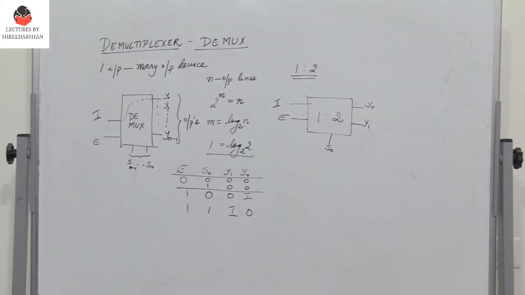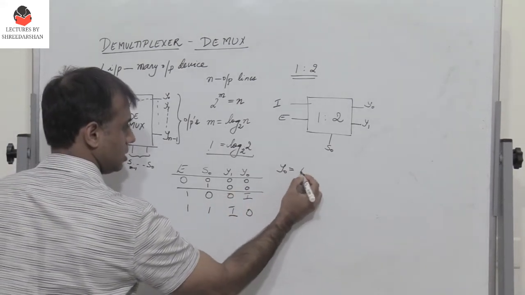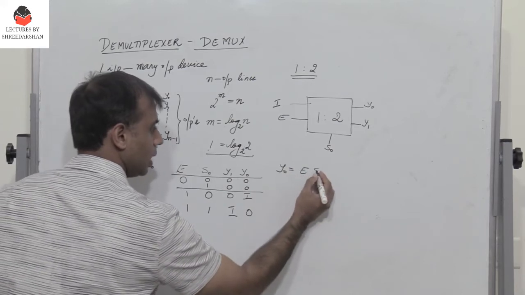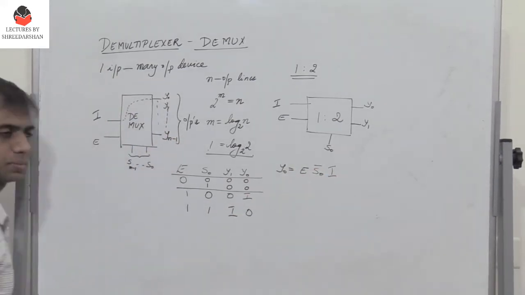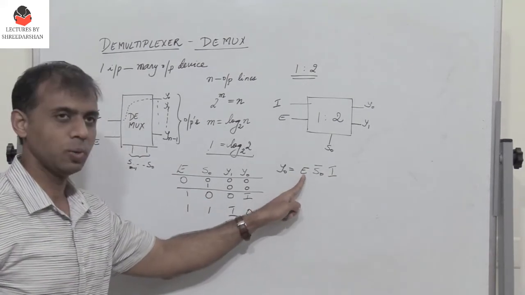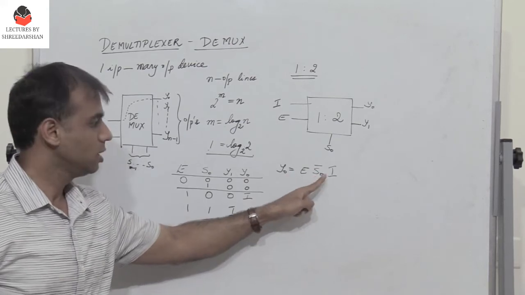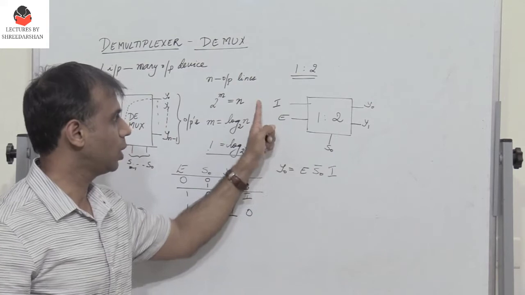So I have the expressions for y0 and y1. What is the expression for y0? It's very simple. The expression for y0 is E, the enable, S0 bar, into the input I. When E is 1 and S0 bar is 1, if I is 0, I get 0 at the output, and if I is 1, I get 1.